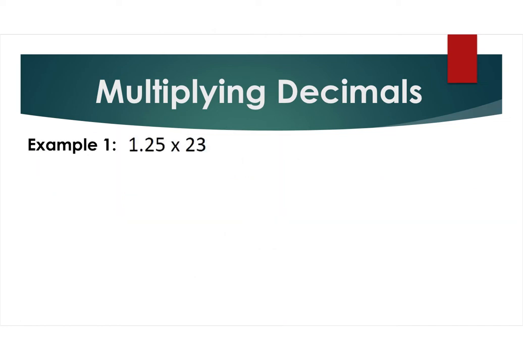1.25 times 23. I line up the last digit, and then I multiply.